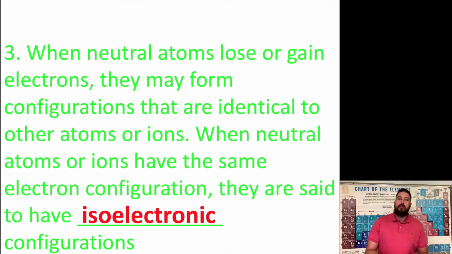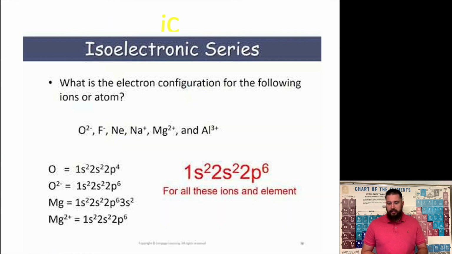Thinking about electron configuration, if they have 10 electrons, they'll have the same electron configuration. Magnesium has 12, it lost 2. Sodium has 11, it lost 1. And so they both end up with 10, and so they have the same electron configuration. Those are said to have isoelectronic configurations. And so let's go ahead and take a look at this.